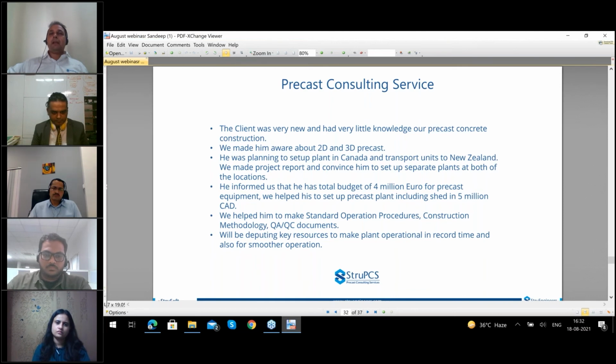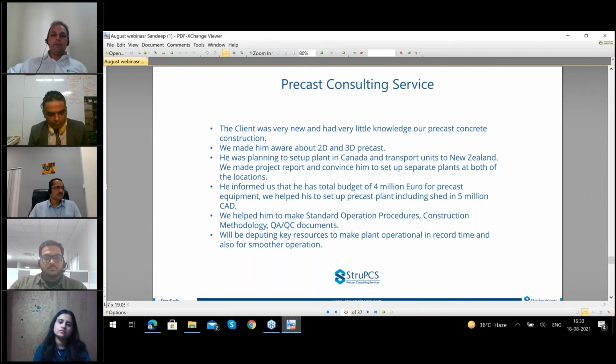And in 5 million CAD, it was not only the precast plant but also the shed. You know how expensive a shed is in Canada and these places. So it was a huge precast factory with a lot of space for stockyard, the shed and the precast plant in 5 million CAD. We were able to save around 30% of his investment.